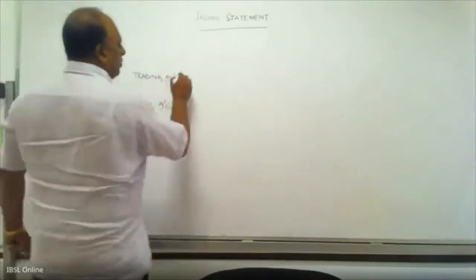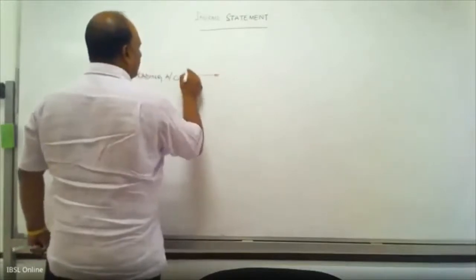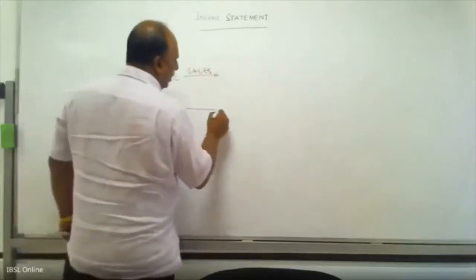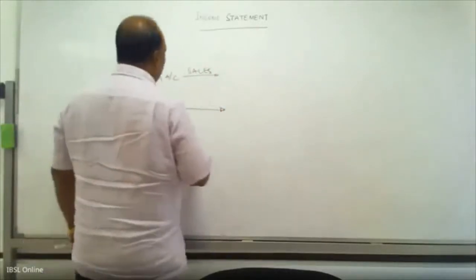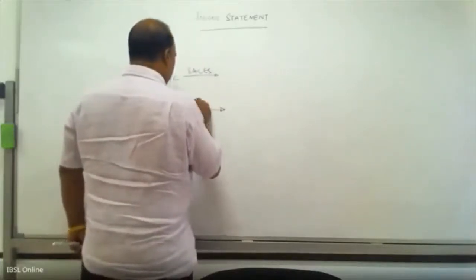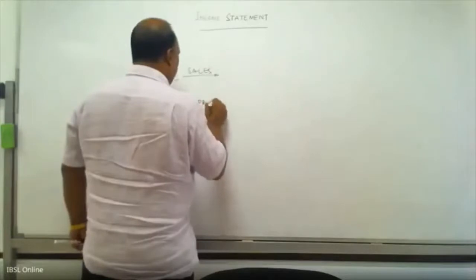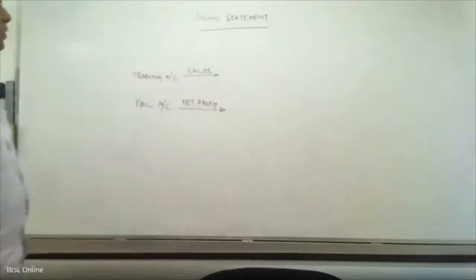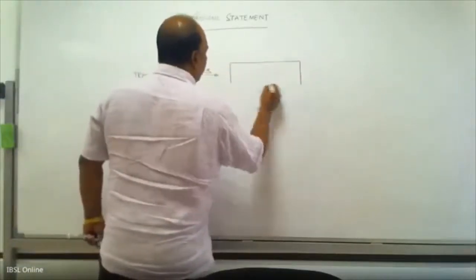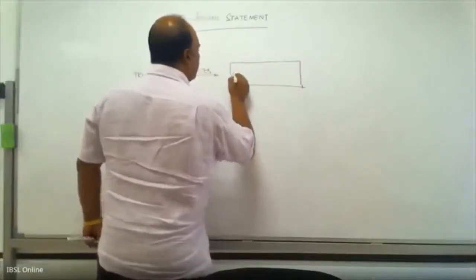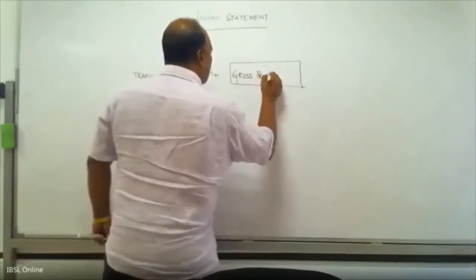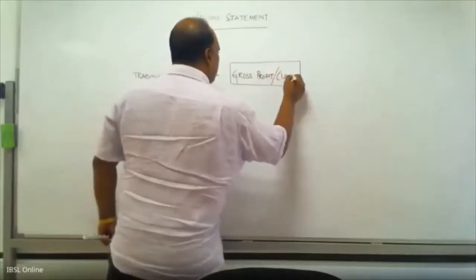The trading account is looking at your sales. The P&L account is actually looking at your net profit. The ultimate result of the trading account is the gross profit or the loss.